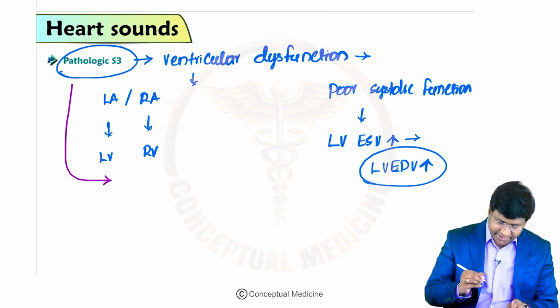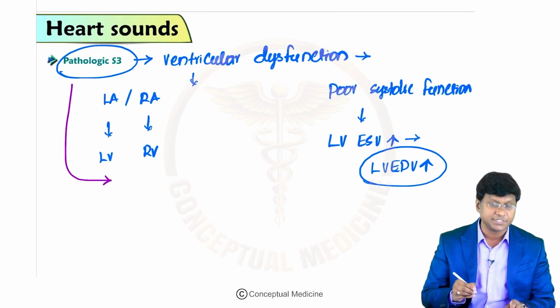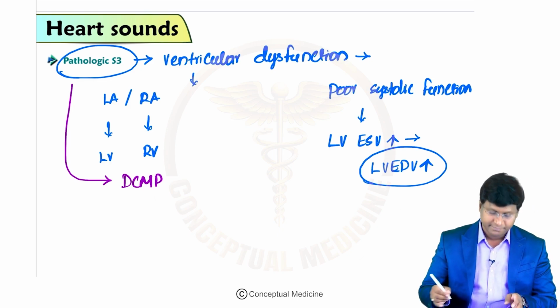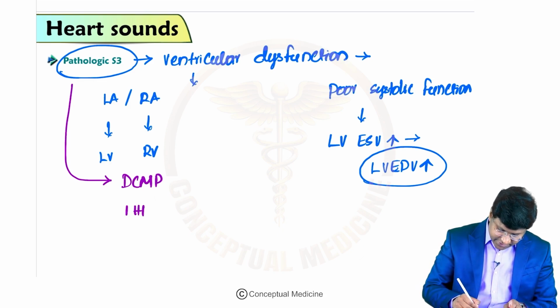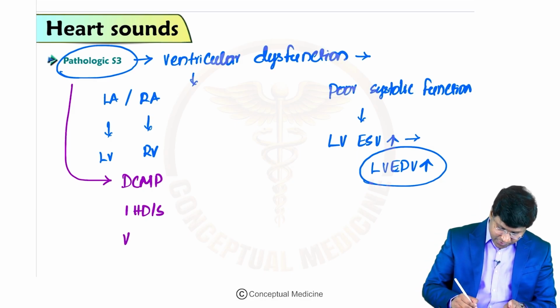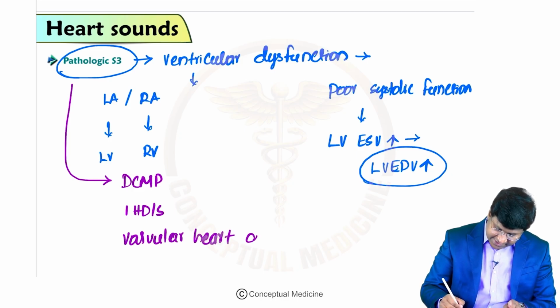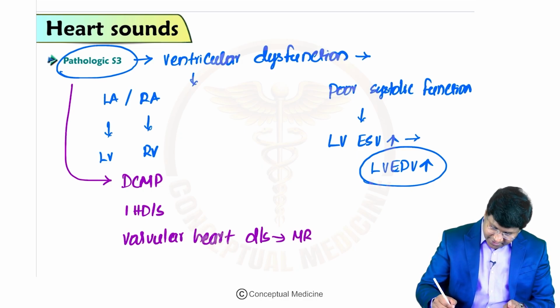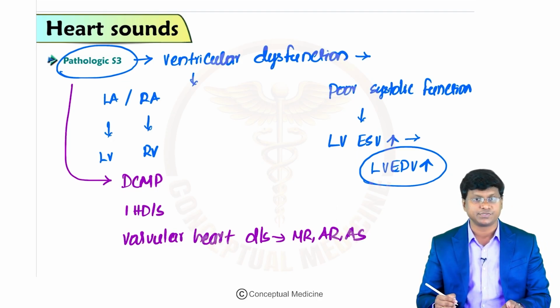Now what are the conditions where you have ventricular dysfunction? You will have that in patients with dilated cardiomyopathy, in patients with ischemic heart disease, and in patients with valvular heart diseases. Which particular valvular heart diseases will cause the ventricular dysfunction? That is in patients with MR, in patients with AR, and in patients with AS, aortic stenosis.